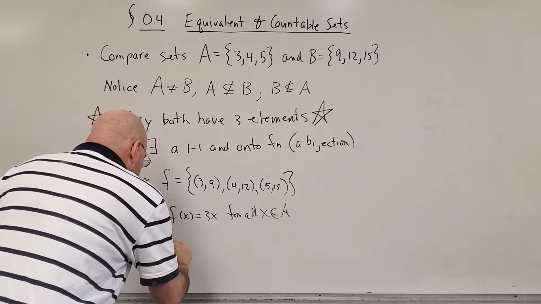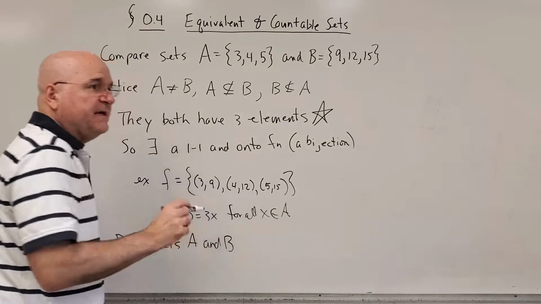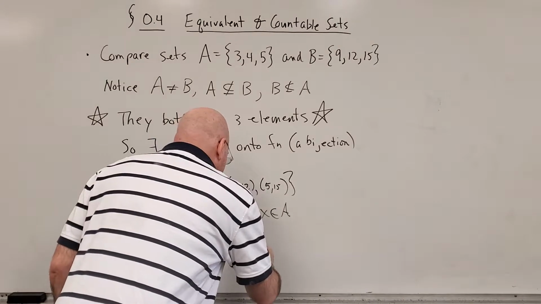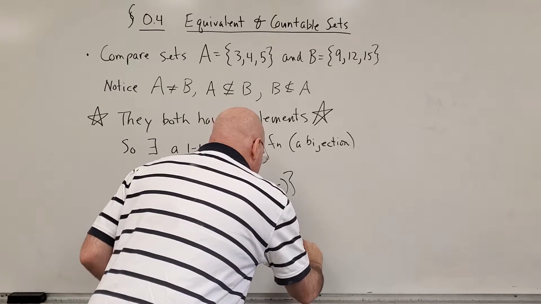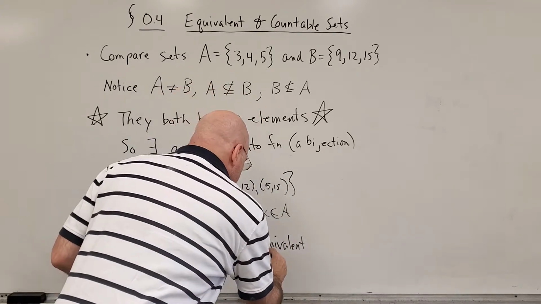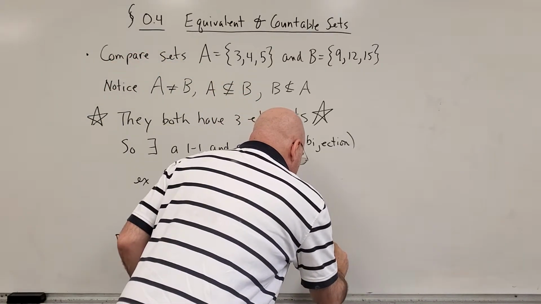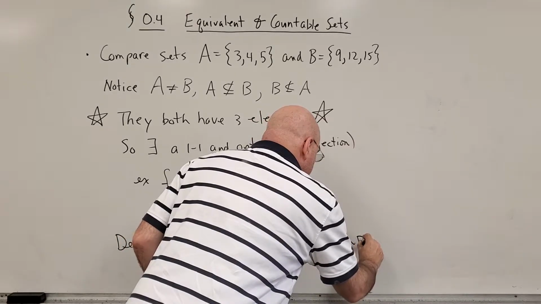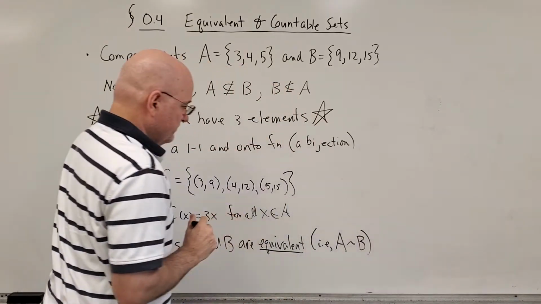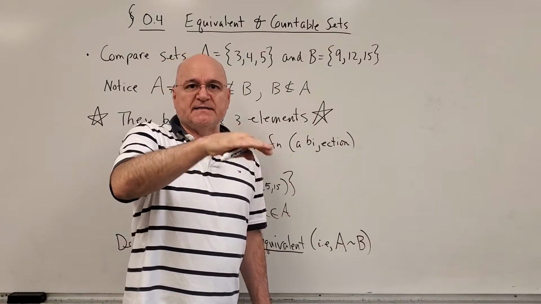Sets A and B are equivalent, and that's what we're defining, equivalent. And let me show you how we denote that. This is A is equivalent to B. The little squiggly looks like a tilde.